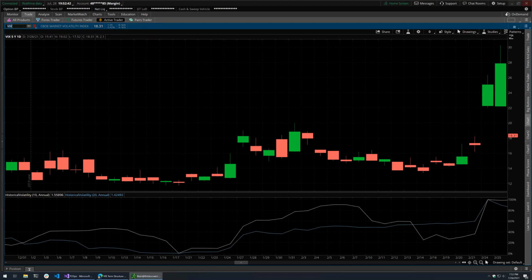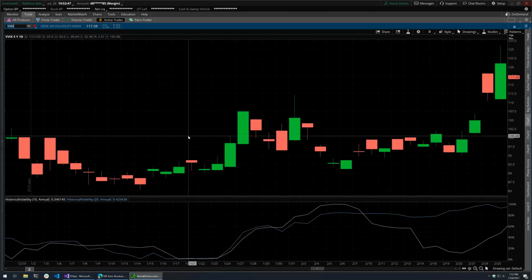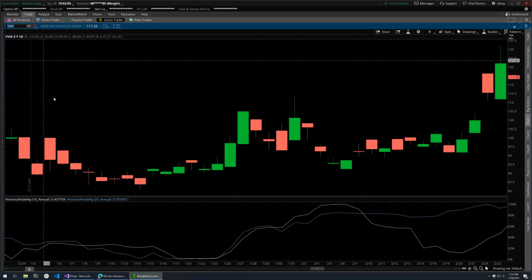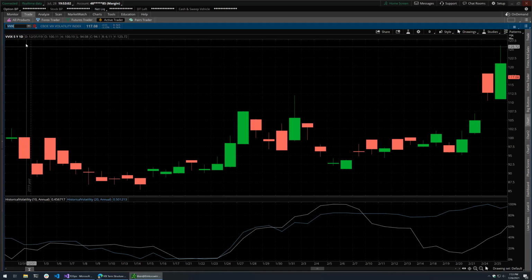He also looked at VVIX, which is the volatility of the volatility. The VIX volatility products have options, and here is the volatility of the volatility. It's the VIX formula applied to the VIX options themselves.